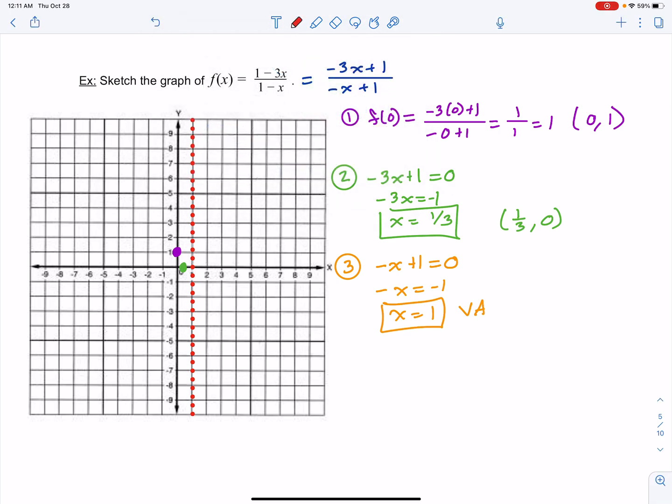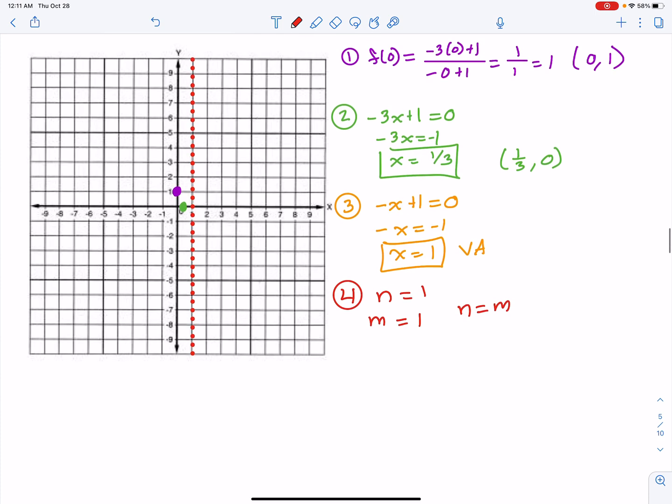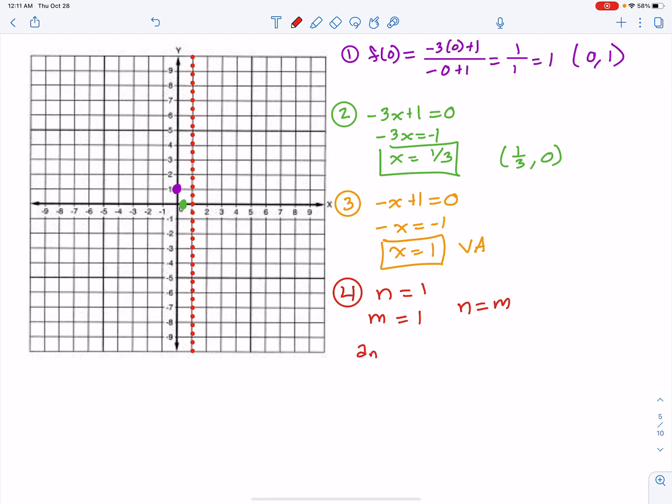Then we want to know if we have a horizontal asymptote or not, so we look at the degree of the numerator and the degree of the denominator. Here we have x to the first and x to the first. So since these two things are equal, we need to look at the ratio of the leading coefficients. So here we would look at the leading coefficient of the numerator over the leading coefficient of the denominator, a sub n over b sub m.